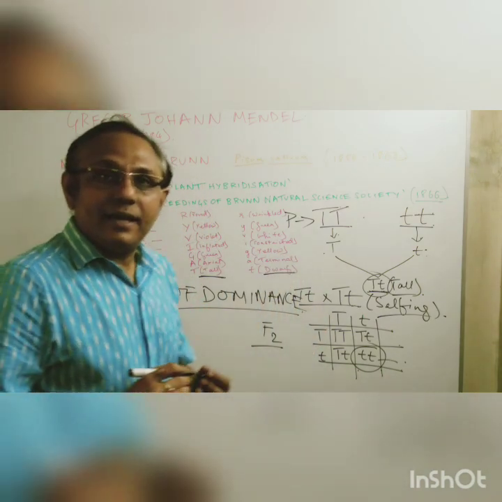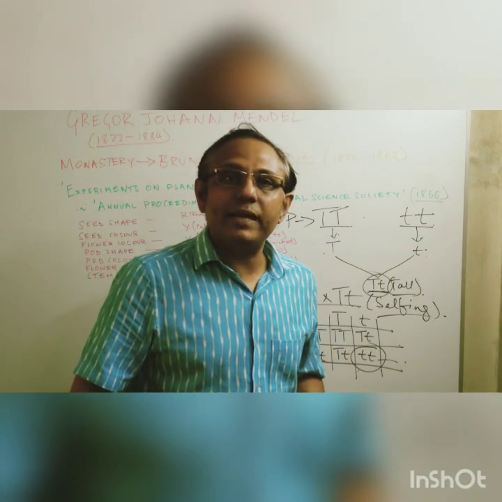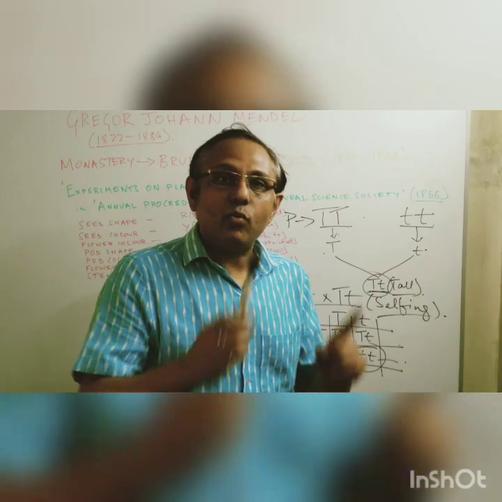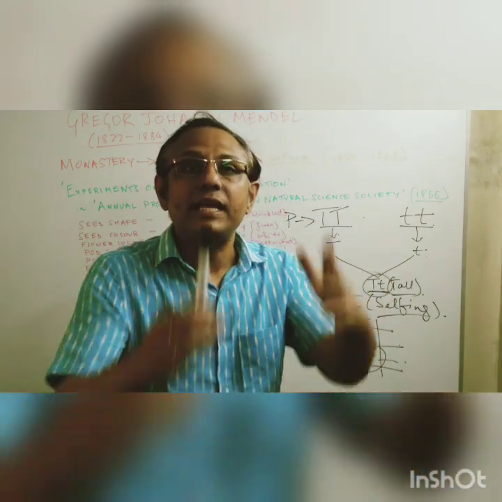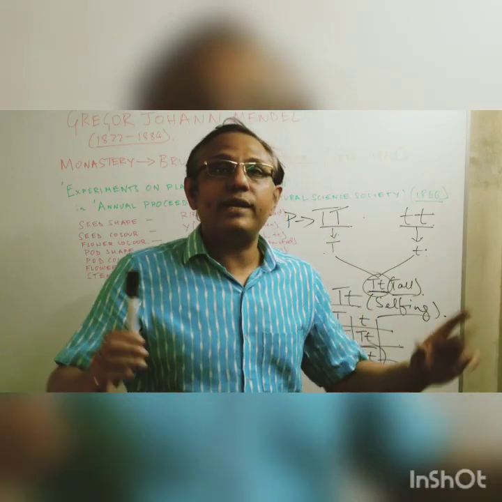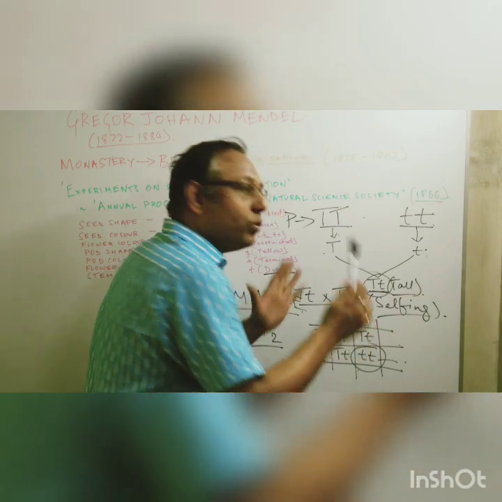Alright? So the law of dominance was the first law given by Mendel, where he said that one feature was suppressed and one feature was expressed in a situation where both the factors were present, like capital T, small t, both are present.